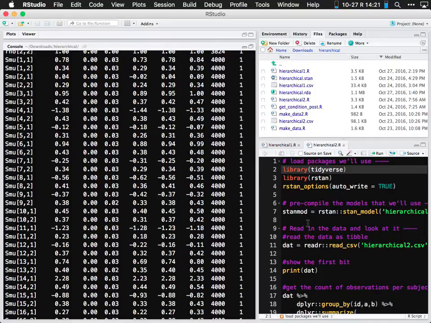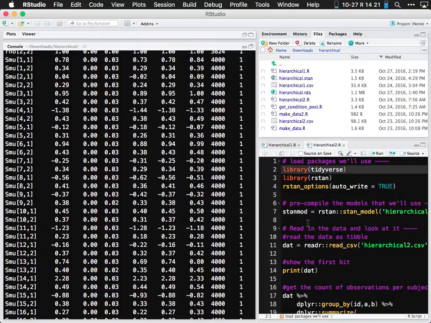Maybe that's one variable, A. A1 is under speed emphasis, A2 is under accuracy emphasis. So you'd expect people to be faster in A1 and slower in A2. And B is maybe morning versus night. So B1 is morning and B2 is night. So it'd be like a 2 by 2 with 4 cells? Yeah.